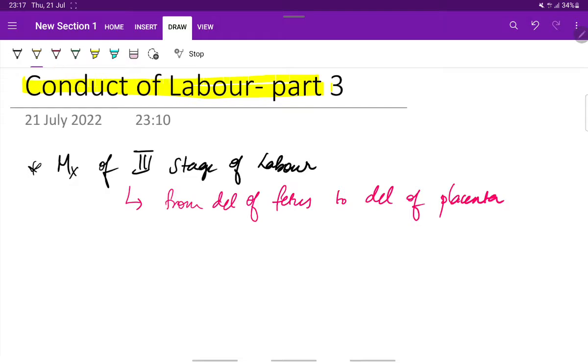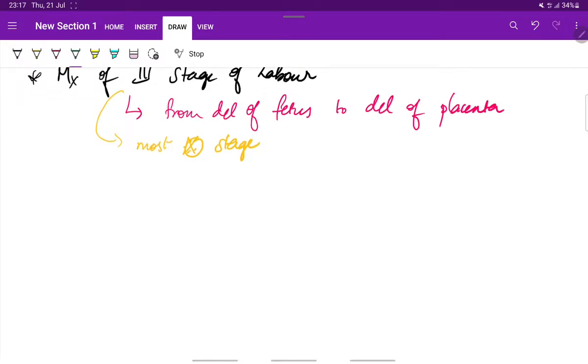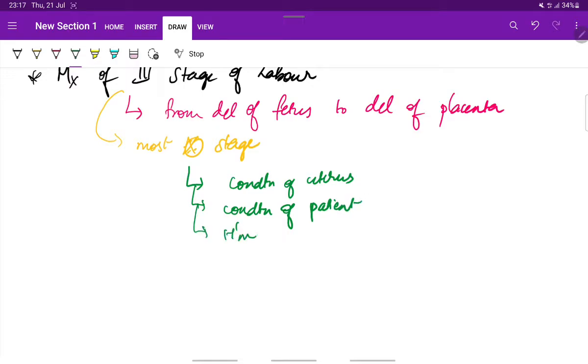And the third stage is the most important stage of labor, in which we should carefully note the condition of the uterus, the condition of the patient, the amount of hemorrhage and the signs of placental separation.